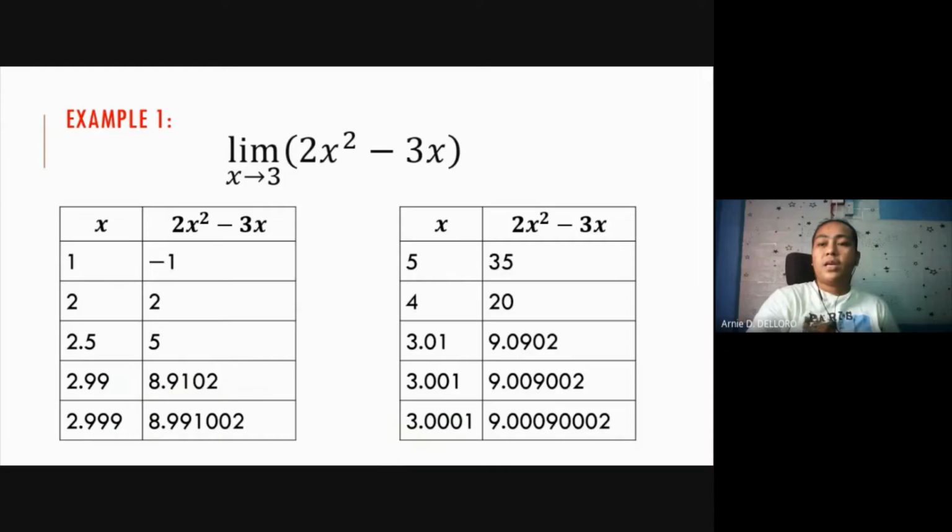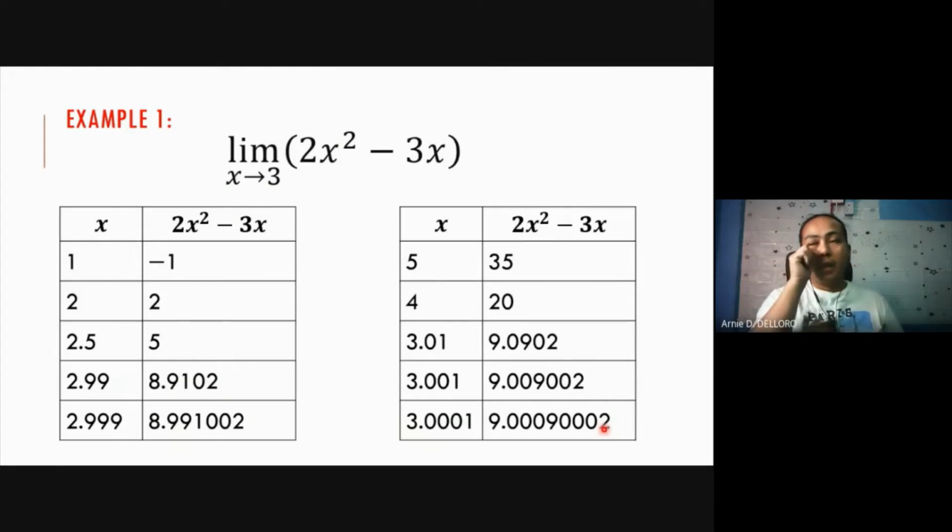For sure, the next one will be 8.99910002. As we get the values closer and closer to positive 3, either from the left or from the right, it approaches the value of 9.